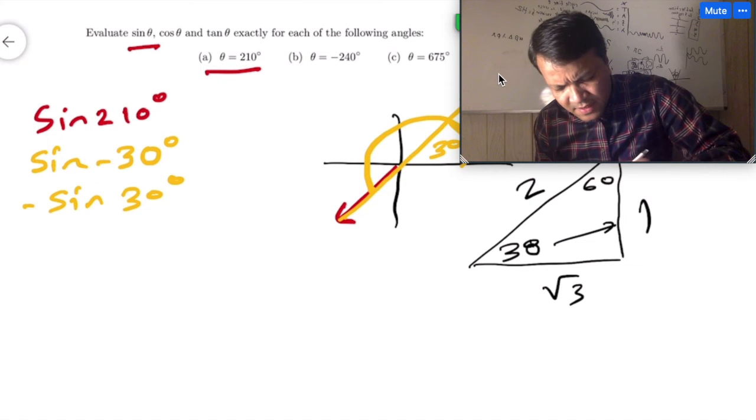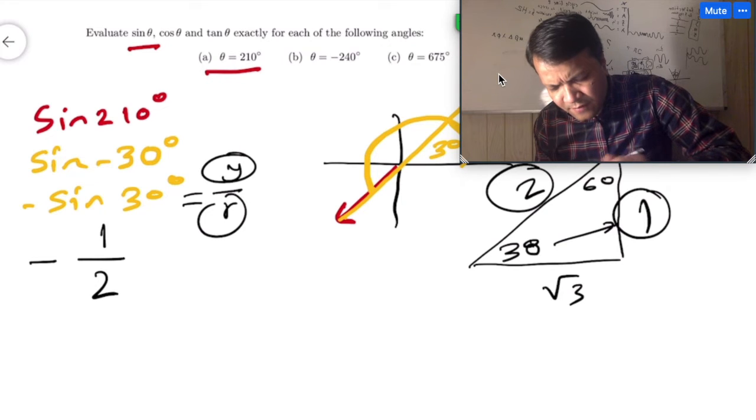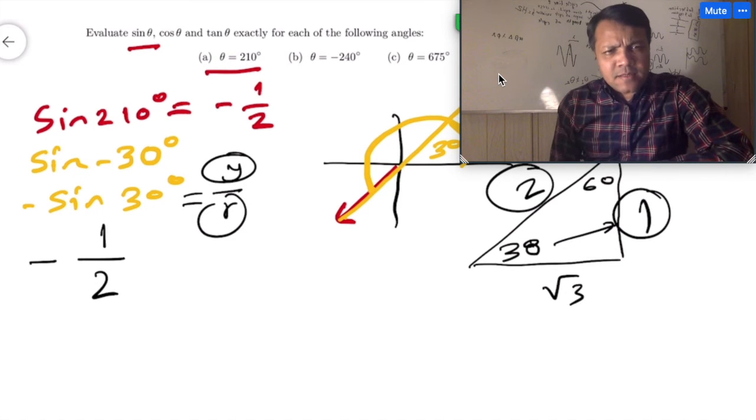So sine 30 degree has to be y over r. Negative y is 1 and r is 2, so sine 210 degree is negative 1/2. Okay, that's the first problem.